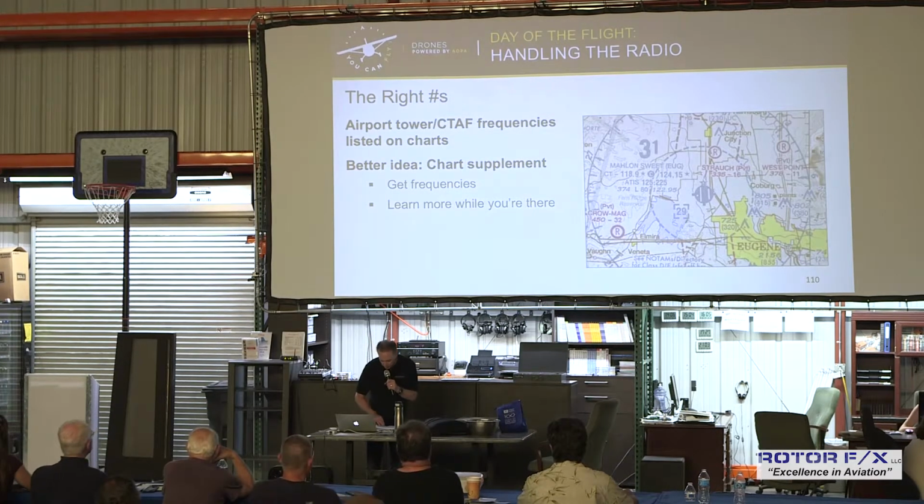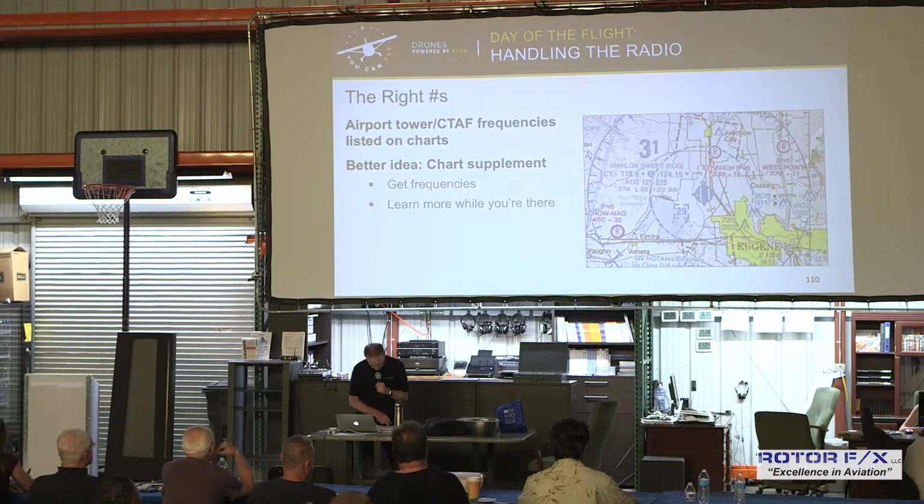Oh, CTAF frequencies. So let's talk about frequencies on this slide. What do we have here? This is Eugene Airport, and you see 118.9 followed by a C in a circle.